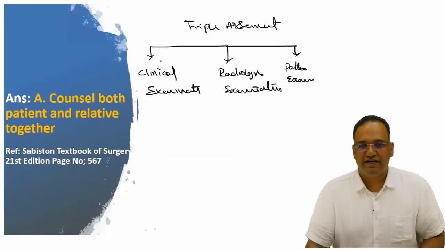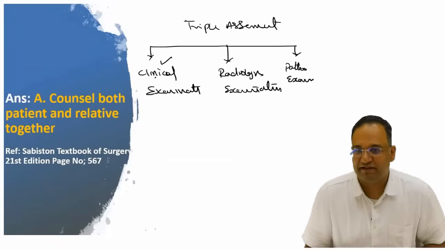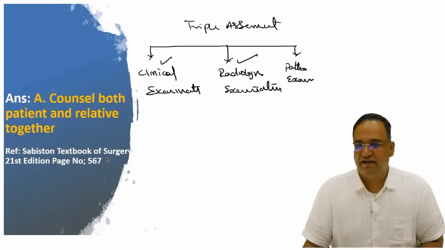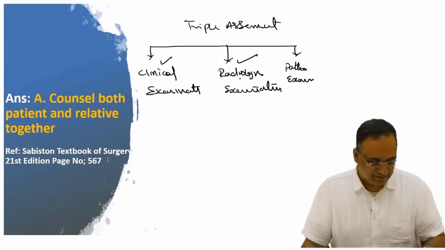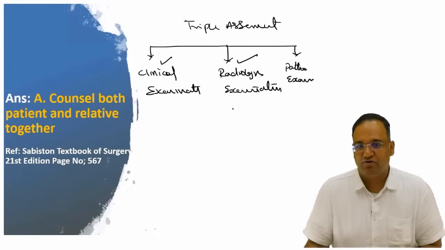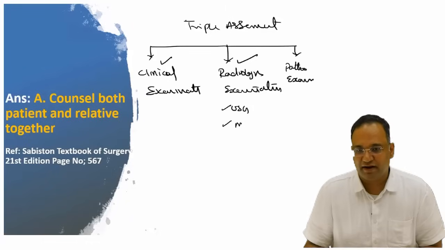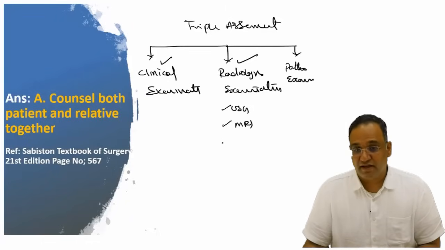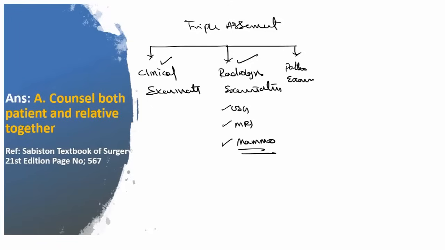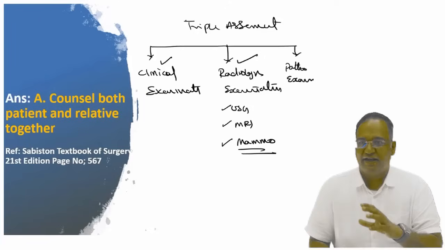So clinically, if you see a lump or any signs of breast cancer, and radiologically it is also proven, either by ultrasound, MRI, or even screening mammography, any radiological evidence. And when you do an FNAC or a trucut biopsy or excision biopsy, a pathological diagnosis is made.